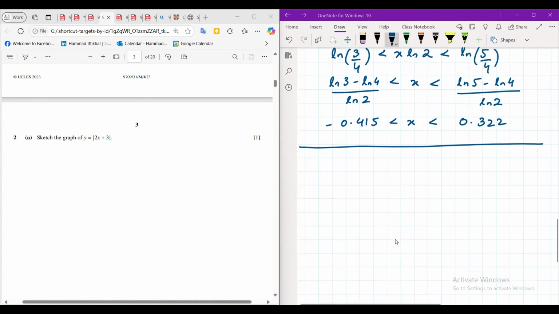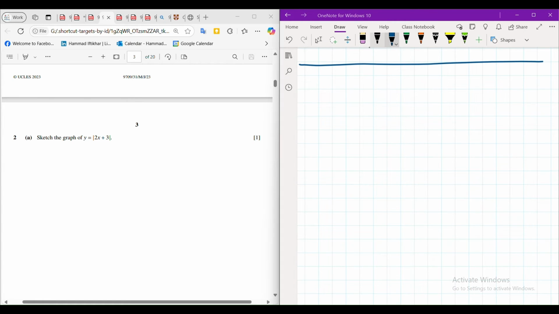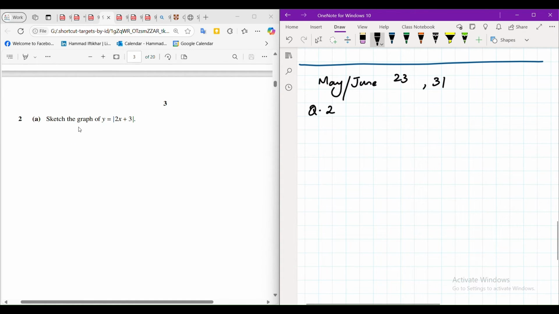Okay, so the next one is from May-June 23, variant 3.1, and this is question number 2. Sketch the graph of y equals the modulus of 2x plus 3.